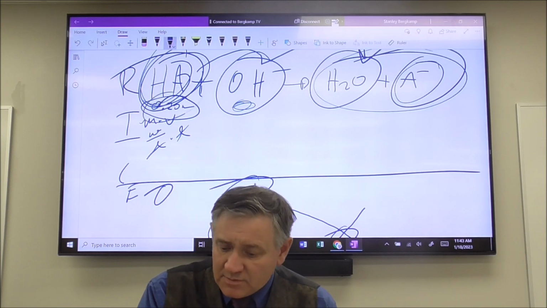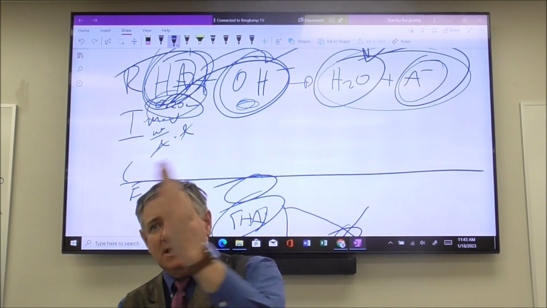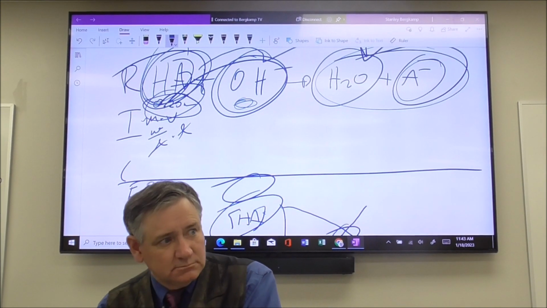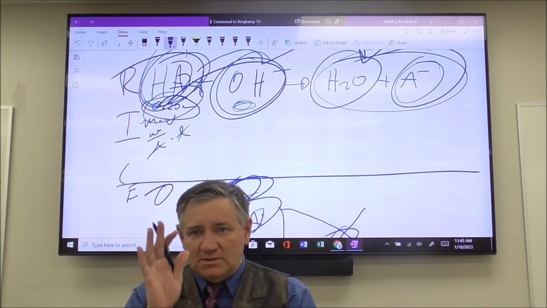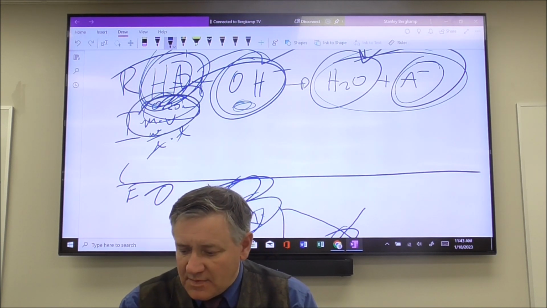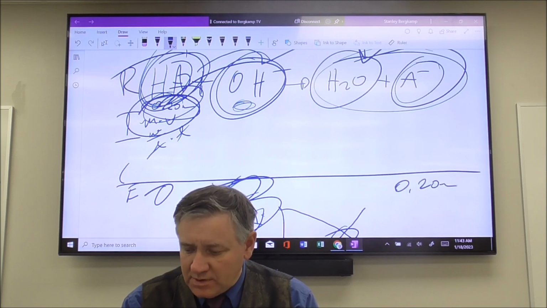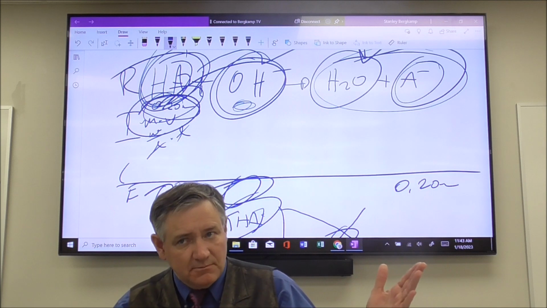If you start with 0.2 moles of HA, to react with that is going to take 0.2 moles of OH, and those become zero. But if you start with 0.2 moles of HA, you're going to generate 0.2 moles of your anion, because it's a 1-to-1 ratio.